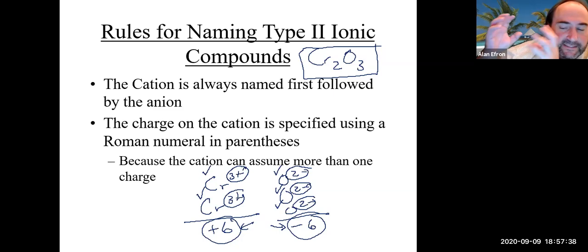But it should always be the simplest way. When you multiply the charges together, that usually will give you the simplest whole number that will get you to 0 when you put them together correctly. Other questions on that?